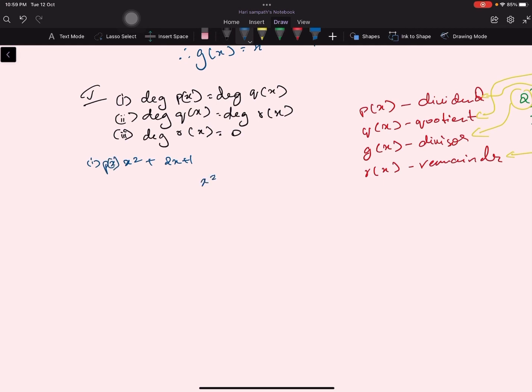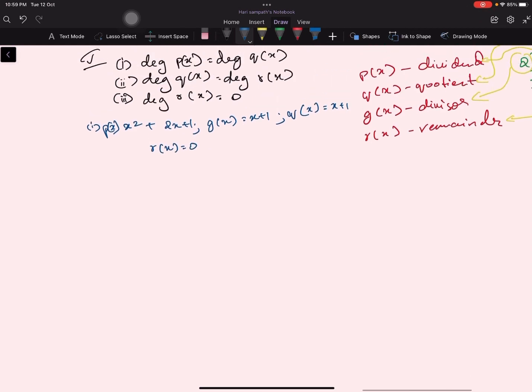That is x plus 1 to the square, which gives us this p of x. So g of x will be x plus 1. Q of x also will be x plus 1, and r of x will be 0. That will be the answer.